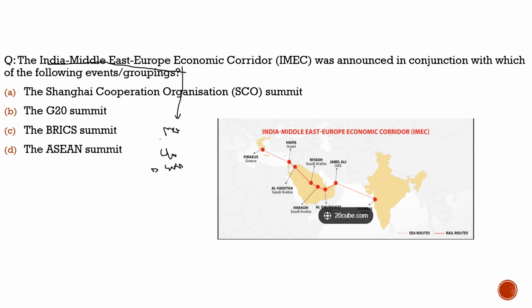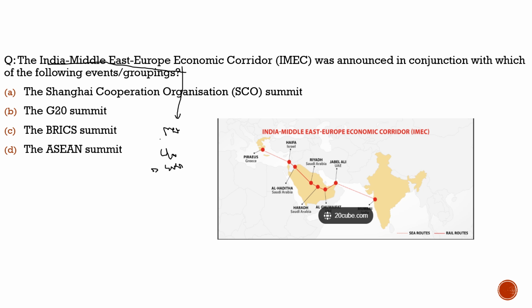When there is a crisis, this canal gets disturbed. We have also seen how the Houthi rebels operate there, and there are piracy issues from Somalia. There are various issues, and also China's increasing power in geopolitics, their Belt and Road Initiative. To overcome these issues, India and France came up with this idea.